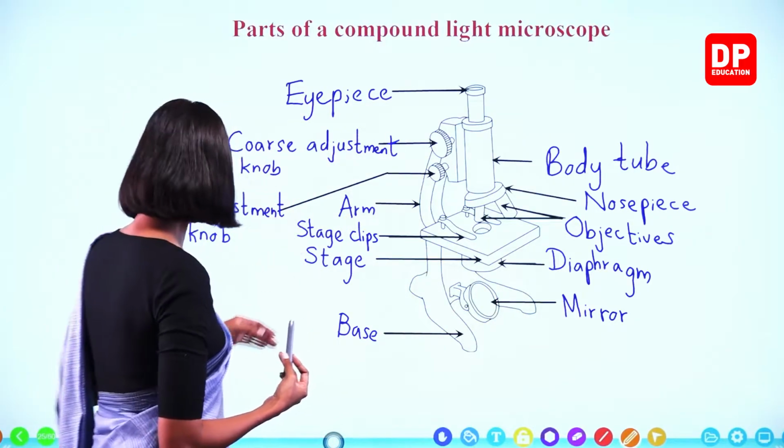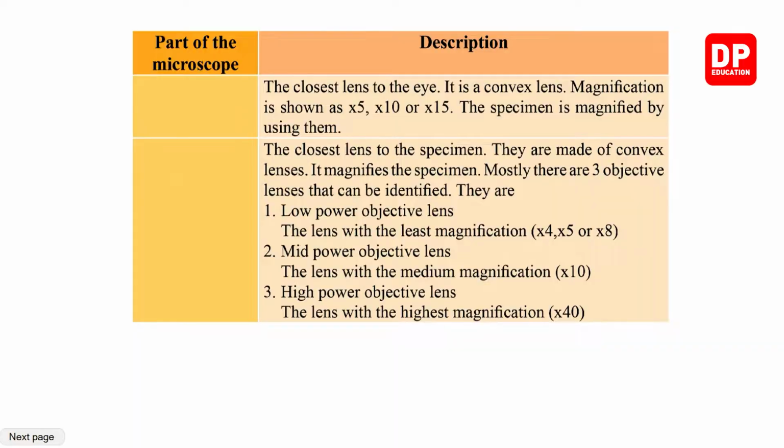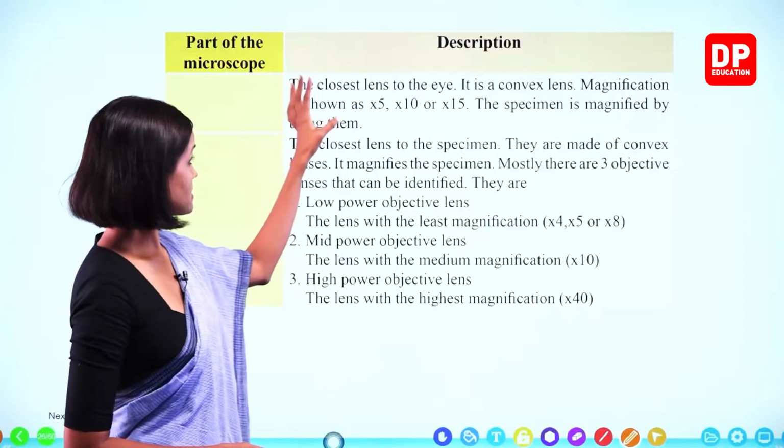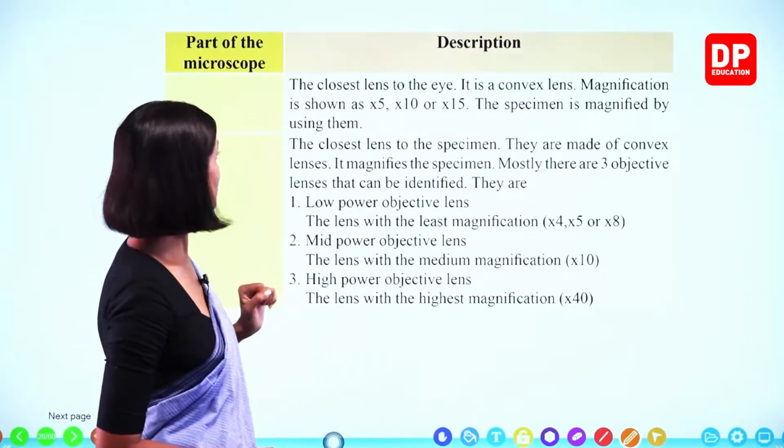Now we are going to see what are the functions of each part, right? Now here we have to write the part. Even this one you can try before me, okay? This side you have to write the part of the microscope, and this side description, the functions, right?